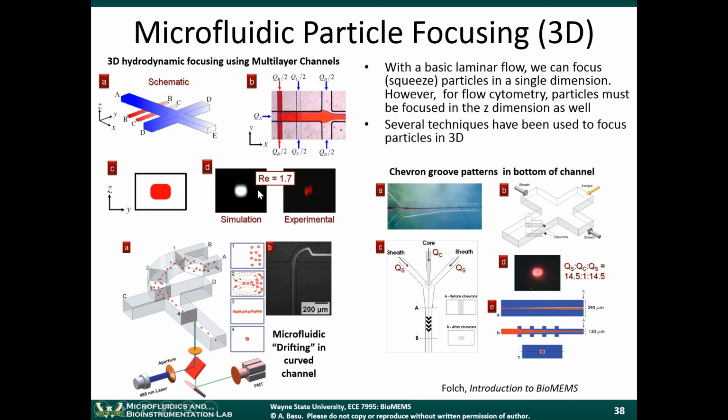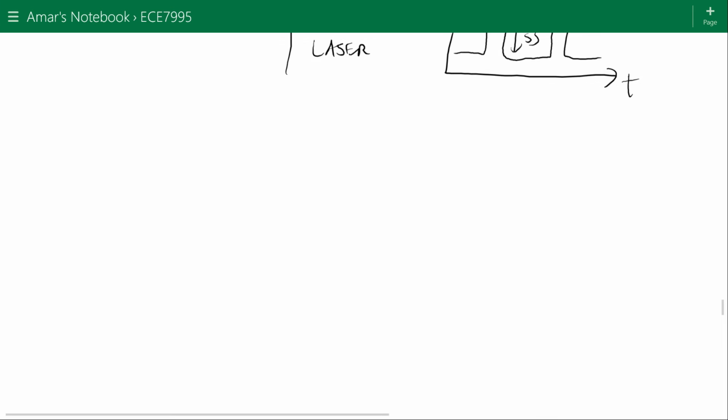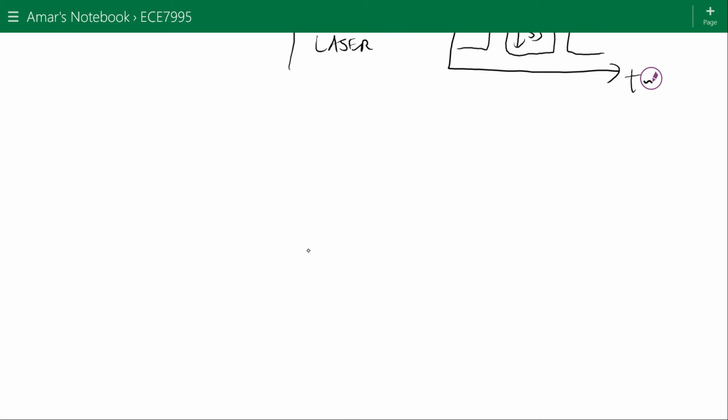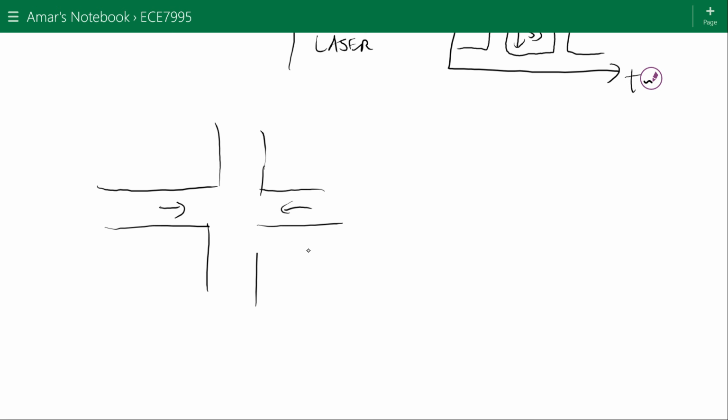All right, so let me draw this just so we're totally clear. In a two-dimensional flow focusing, where you have flow coming in this way, flow coming in this way, the middle stream gets focused like this. Okay.